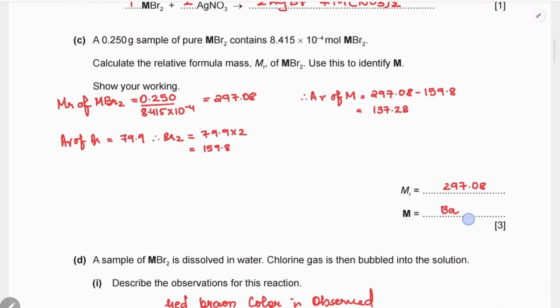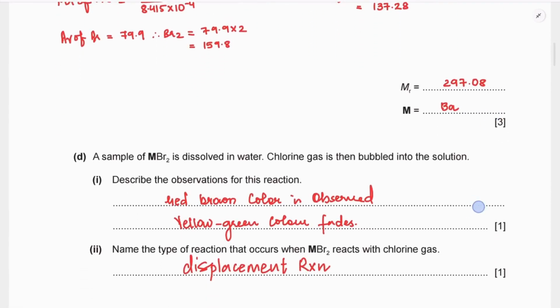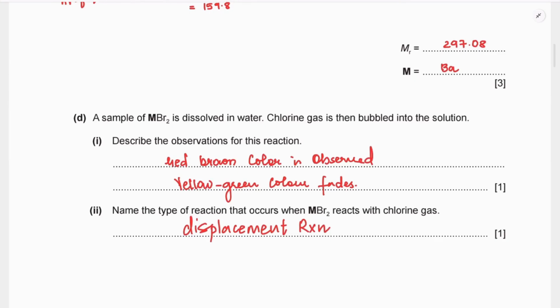Now, next one. A sample of MBr2 is dissolved in water. Chlorine gas is then bubbled into the solution. Describe the observation for this reaction. So once we get a displacement reaction, we can see here bromine and chlorine. Whichever is more reactive will displace the other.